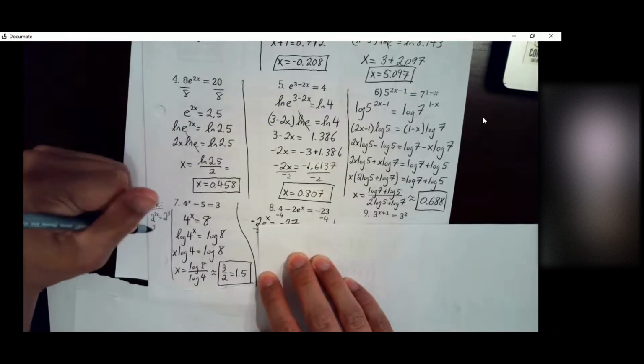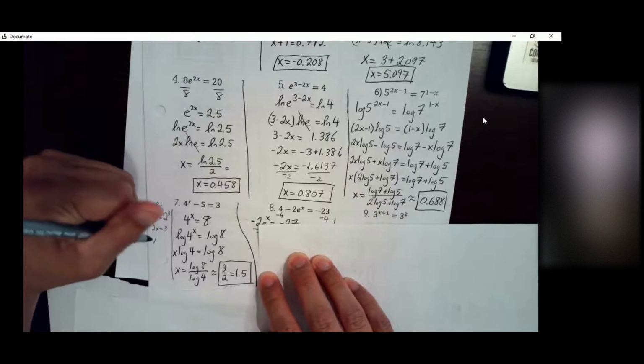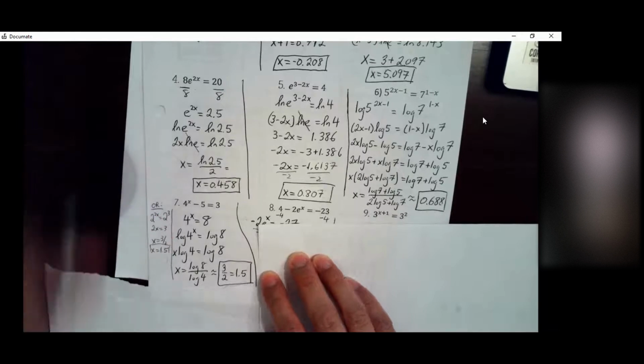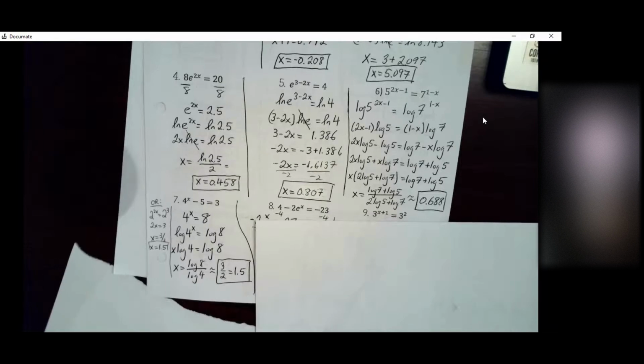So number 8, I'm going to bring the 4 to the other side. So negative 23 minus 4, negative 27. Can we then do negative 27 divided by negative 2?